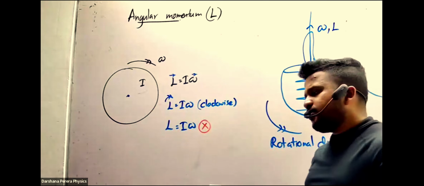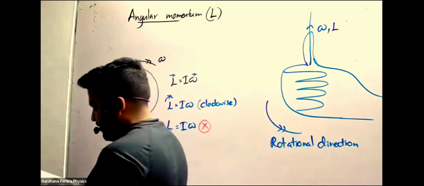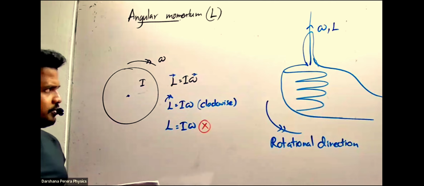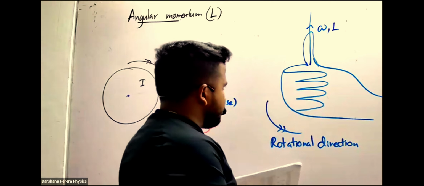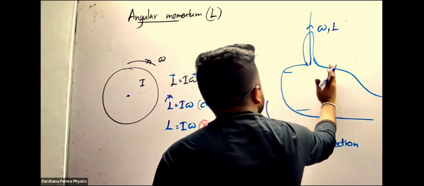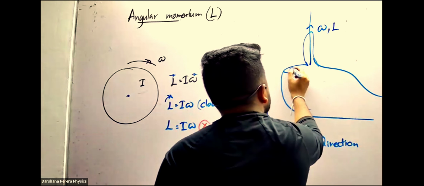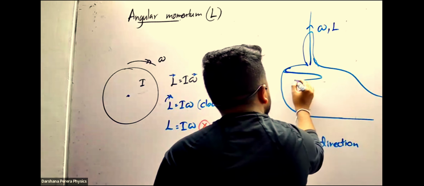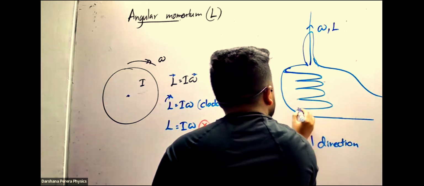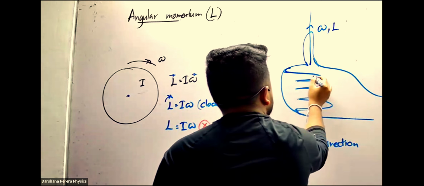The actual direction of omega can be taken by the right hand rule.